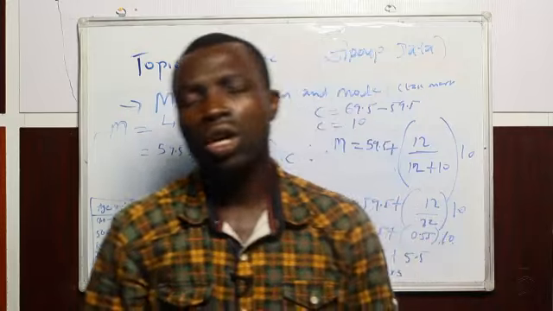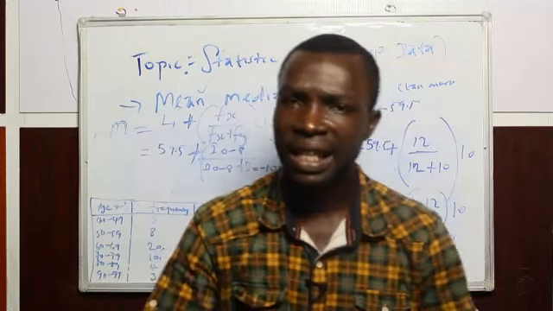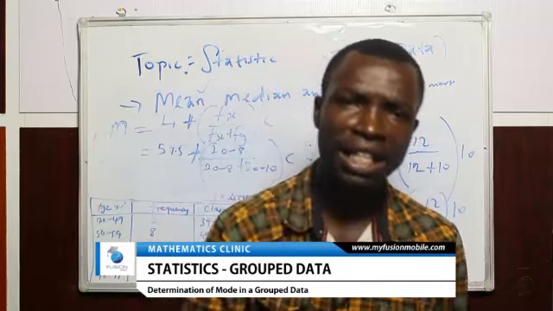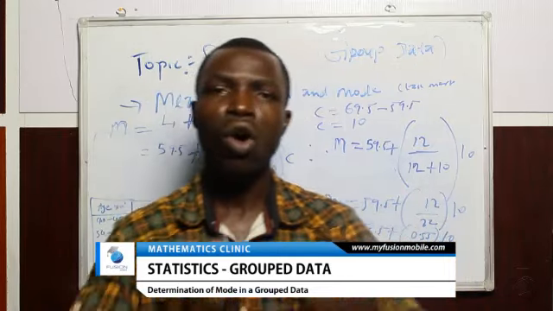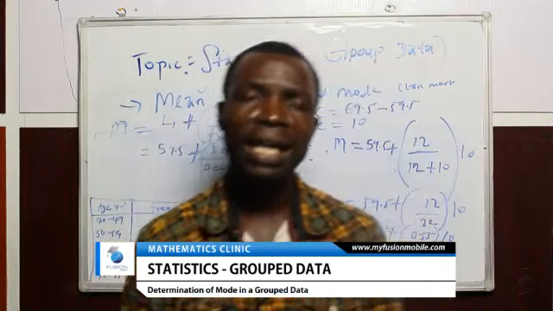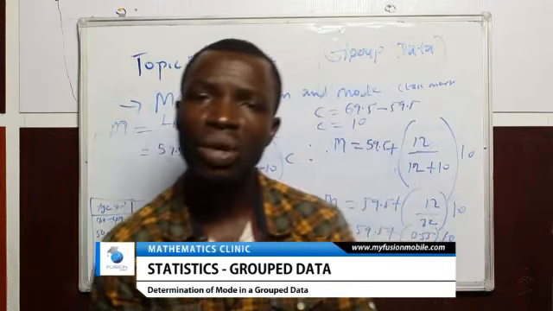And for the mode that we just solved, our mode is L1 plus, bracket, fx over fx plus fy, all bracket, into C. What is L1? L1 is the lower class boundary of the highest frequency.